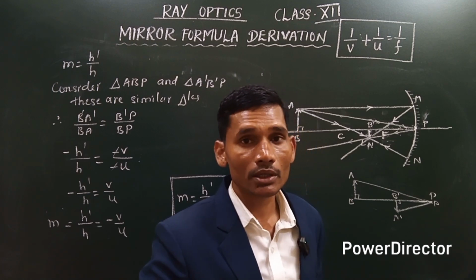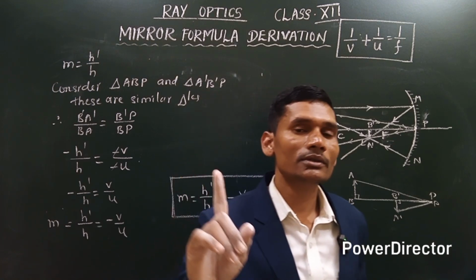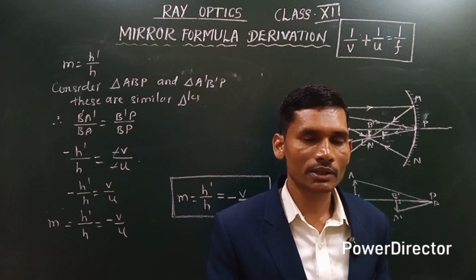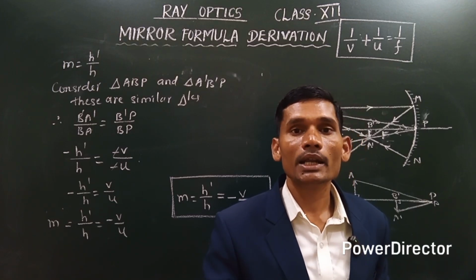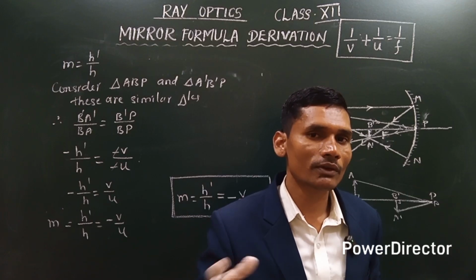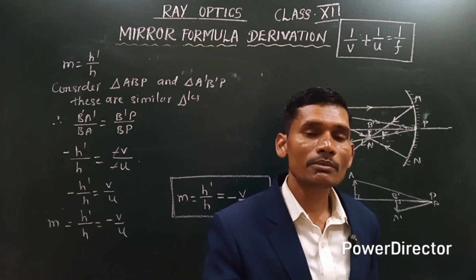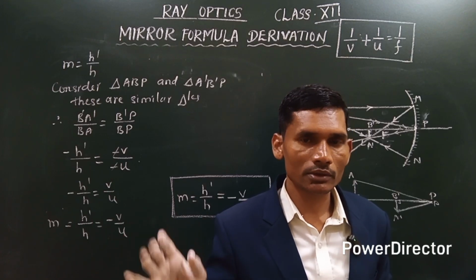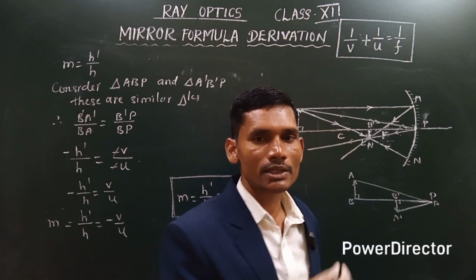Concave or convex, not plane mirror. These are applicable only for spherical mirrors, convex or concave, at all positions of the object wherever it may be, and all types of reflections. Image may be inverted, erect, real, virtual, no matter. At all times it is applicable.